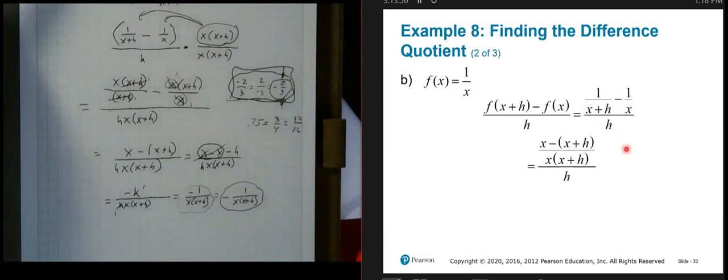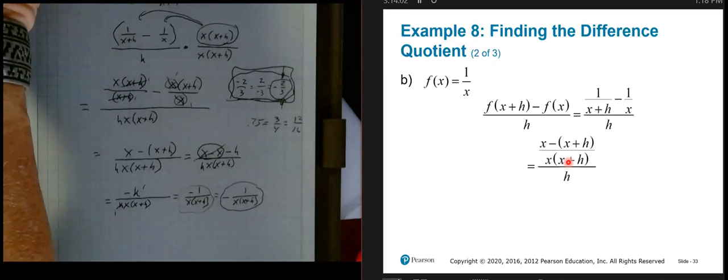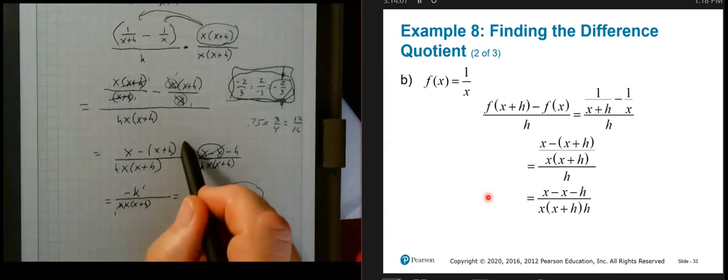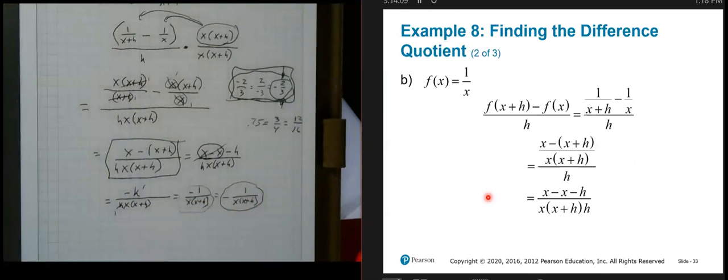And now they multiply both numerator and denominator by that same common denominator, and wind up with the same thing I have here. Except here they went ahead and combined two steps. They multiplied by the common denominator and they did the distributive property with the minus sign.